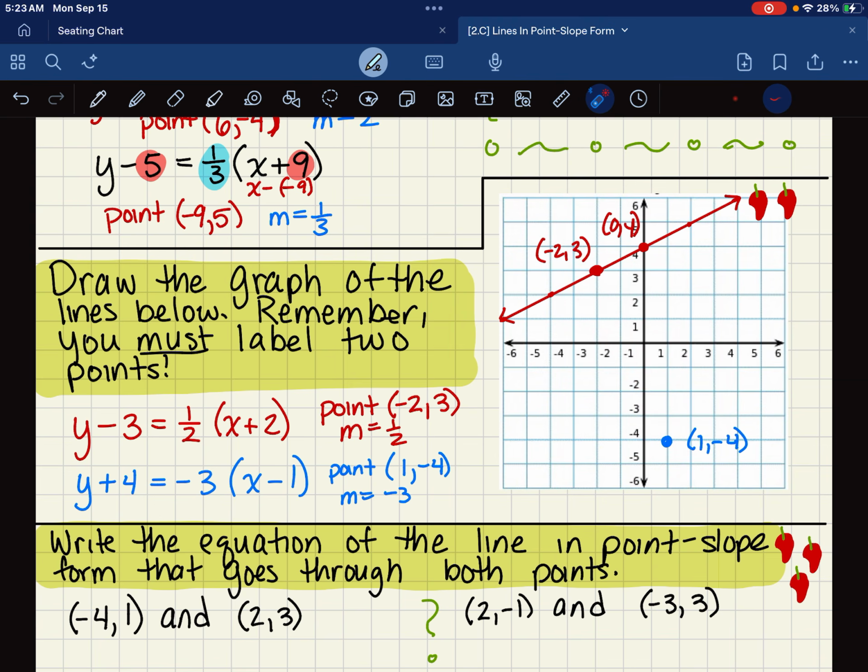So instead of falling, I'm going to rise this time, but I'm going to run left. Normally we run right, but this time I'll run left. And that'll get me what I need in terms of my spare points. I'm just following that pattern up the graph. Notice I labeled my second point.